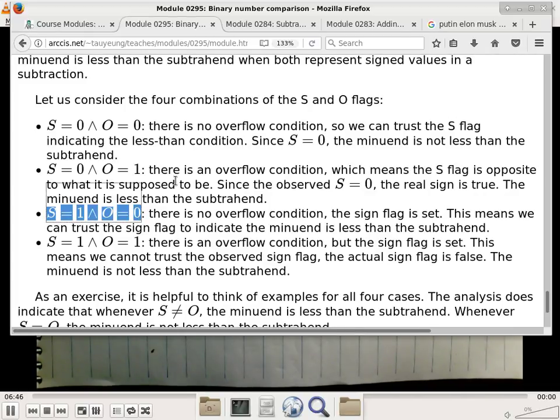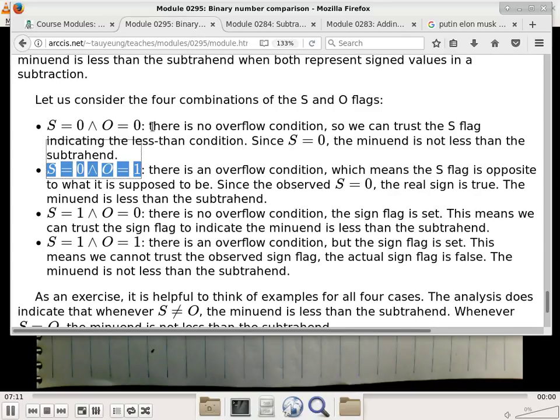It's a 1. Okay, so the other 2 correspond to the cases where the sign flag is wrong. The sign flag is a 0, but it's wrong. So what is it supposed to be? 1, exactly, which means less than, right? Because when the sign flag is a 1, it means the result of a subtraction is negative. And when the result of the subtraction is negative, the minuend is less than the subtrahend.